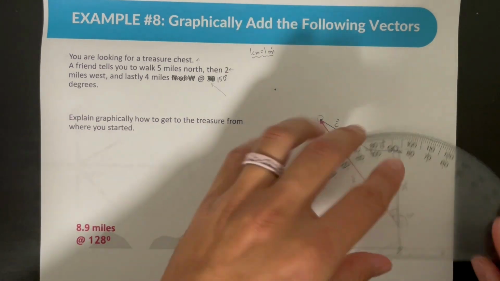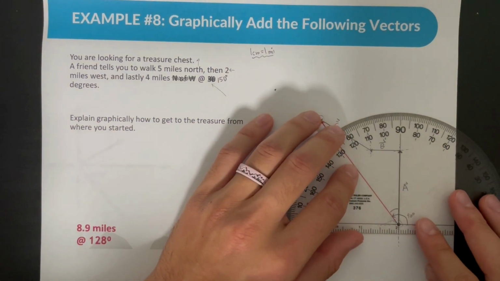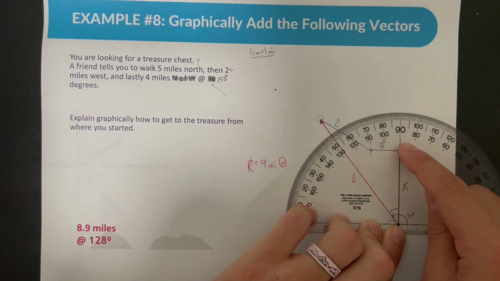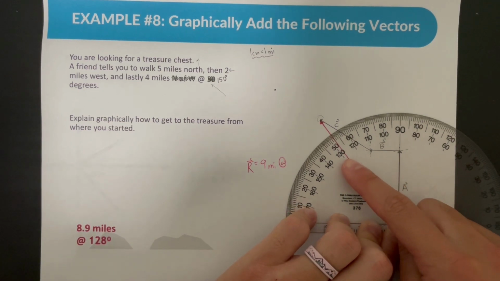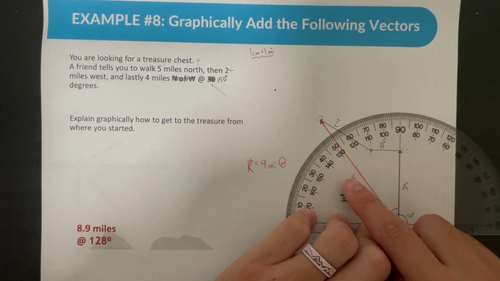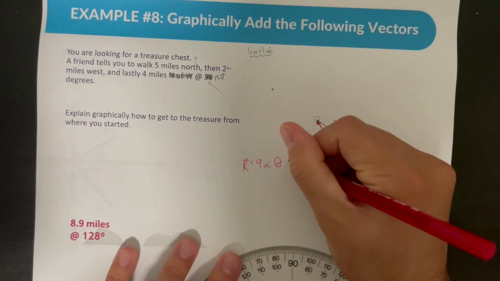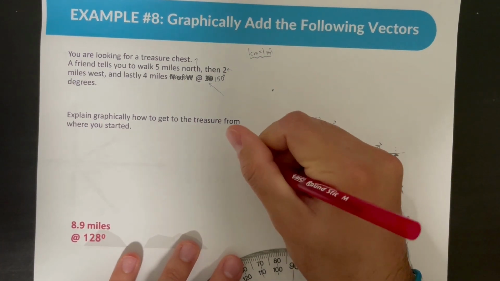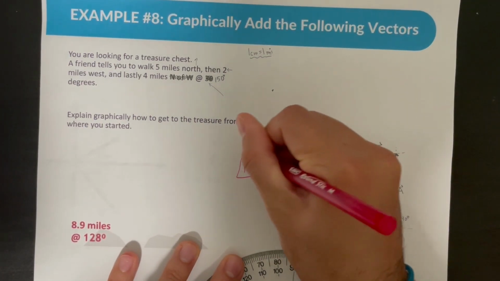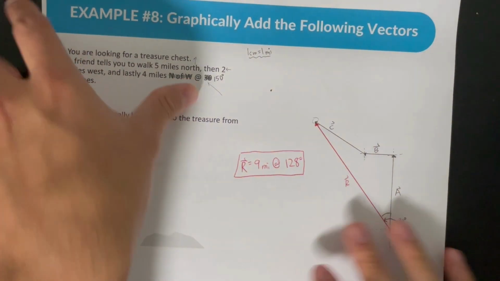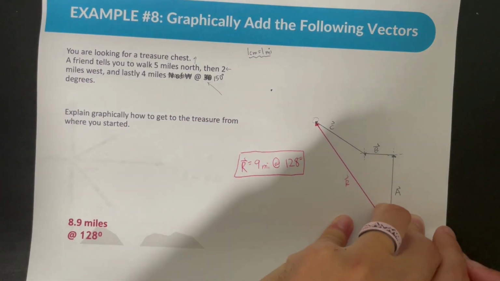My protractor is set up in a way where it makes it easy. So 90, and then it's going to be close to 130. It's 128. Yep. At 128 degrees. All right, I think we have one more left.